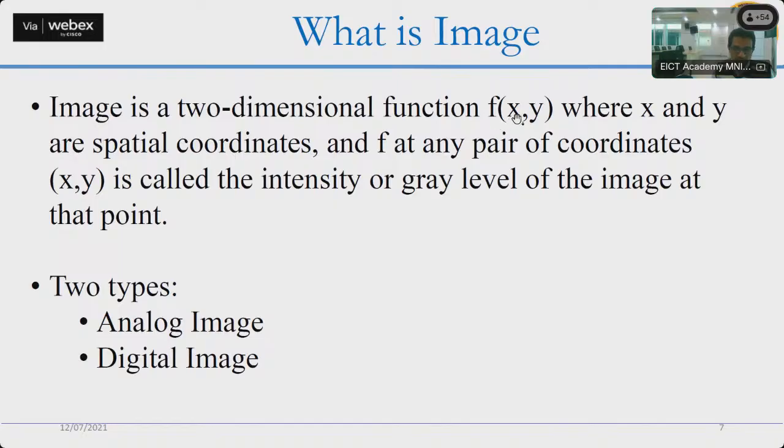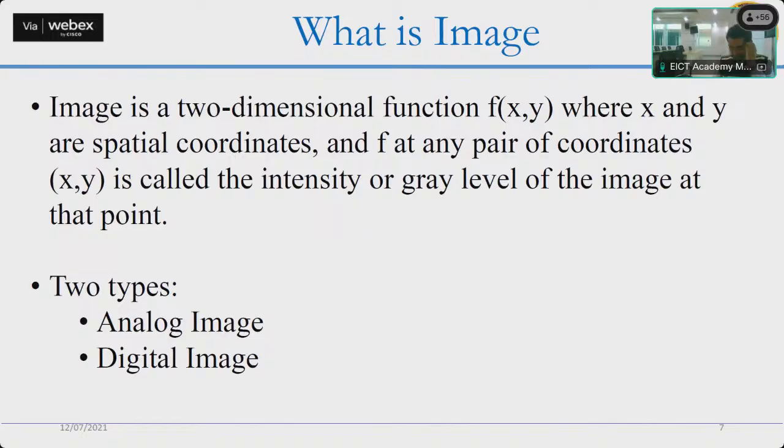These are the spatial coordinates x and y, and this f represents the values of the different parts of the image. What is this f? This is called the intensity, or gray level of the image at that point.